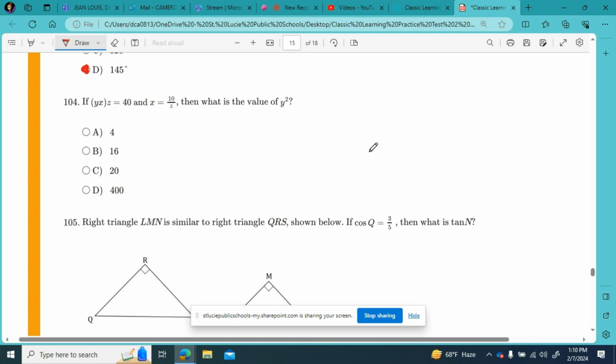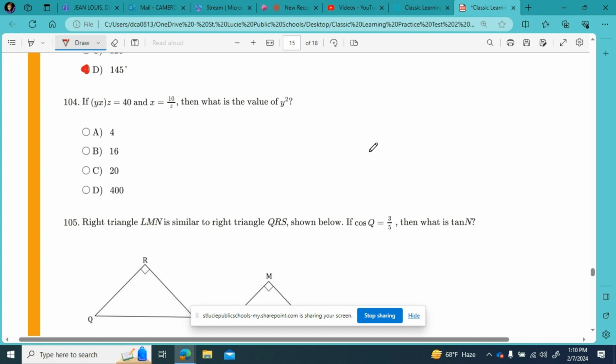Question number 104. If yxz equals 40 and x equals 10 over z, then what is the value of y squared?